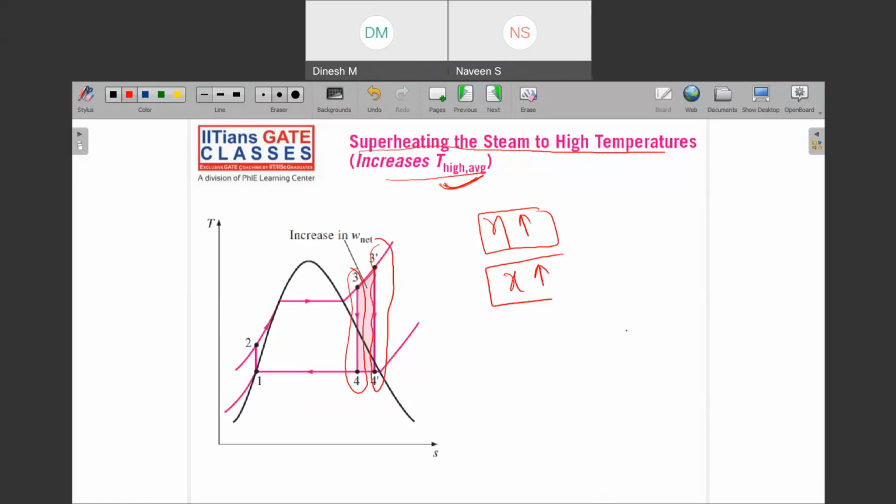So the main purpose of increase in superheat is that you can increase your dryness fraction.